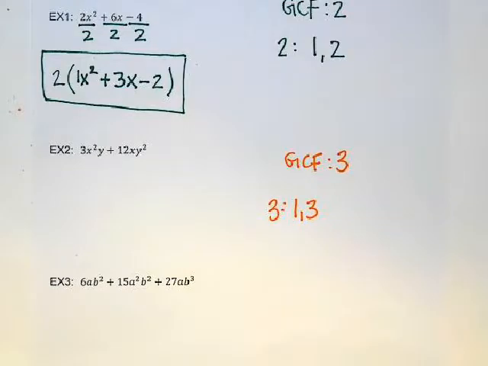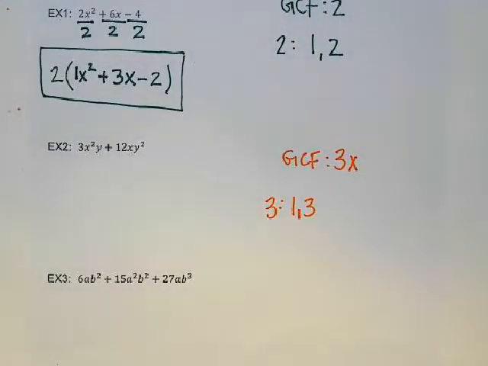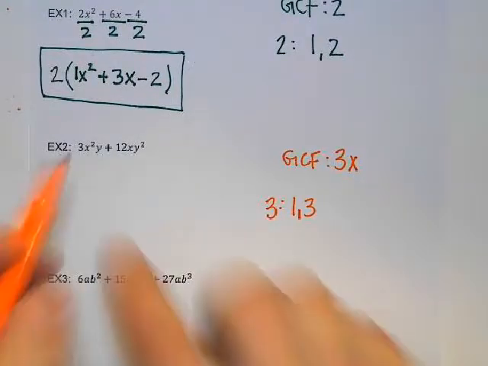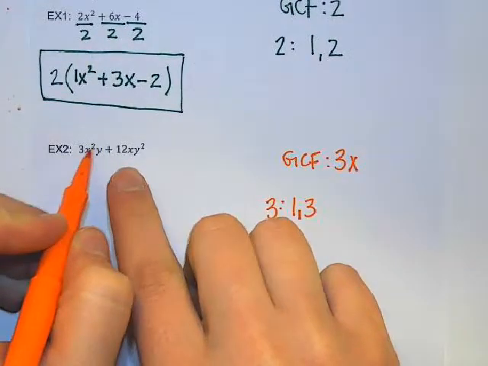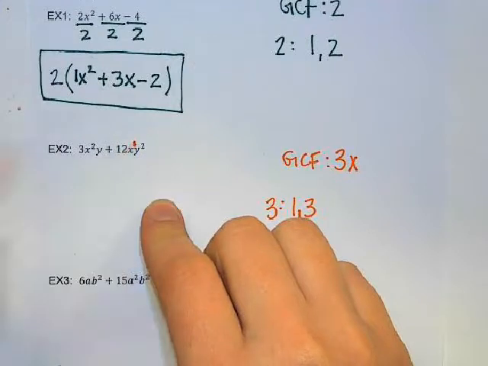Okay, where it's different. Do they have any common variables? X and Y. They both have x and y. So start with x. What else do I have to ask myself if it's a common variable? The smallest exponent. So look at your x's. I've got x squared and x to the 1, right?